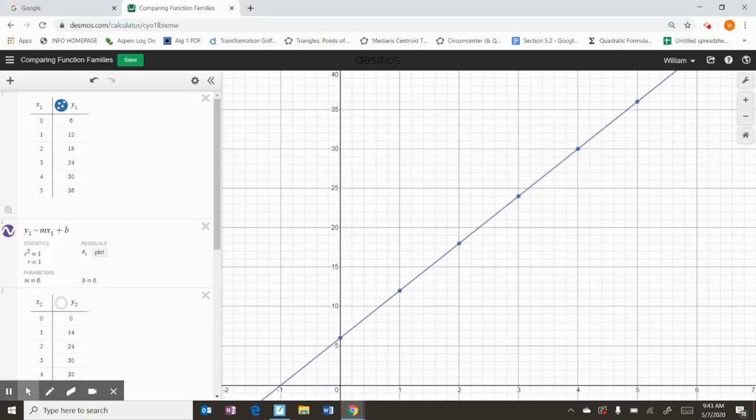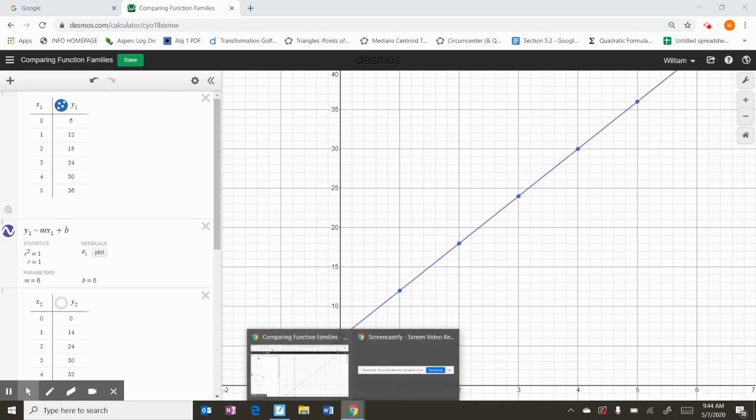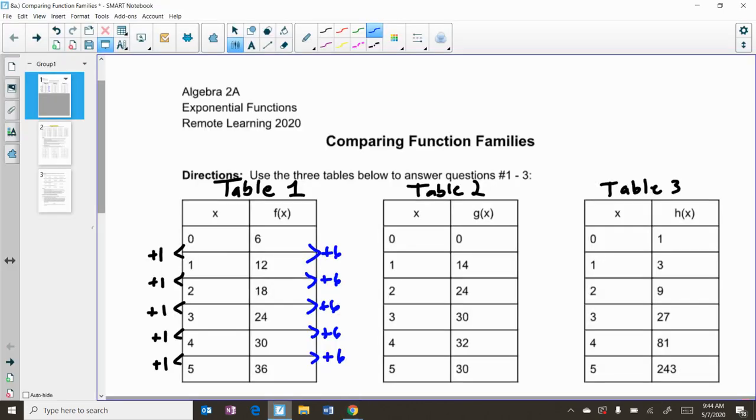So we'll take a look here. If you look on the left, you see the data table that we just generated. And on the right, we see that we do have a linear model. And if we wanted to write the equation for that, it would be y equals 6x plus 6, because if we go back to the data table, let me increase this size, sorry.